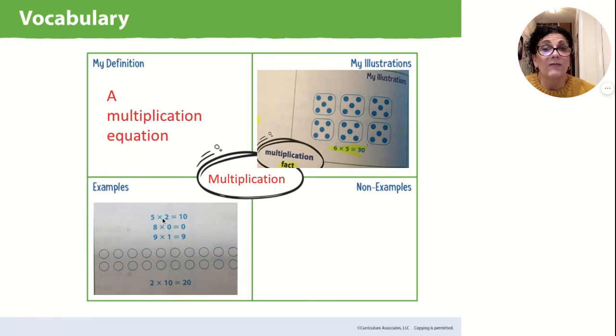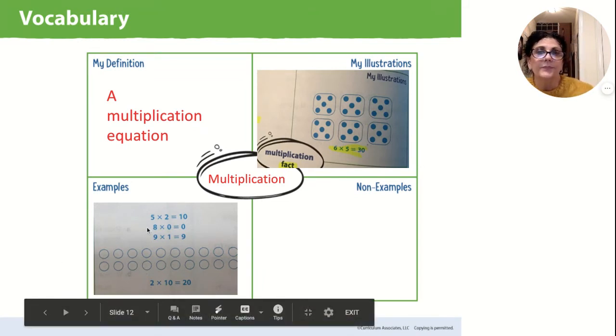But in my brain, if I were solving it, I could say, I'm going to skip count by 5 2 times, 5, 10, because it's much faster. So you get to decide what way you want to think. However, you have to be sure that if they're asking you to draw a model of a particular multiplication problem, your picture matches the problem that you're making.